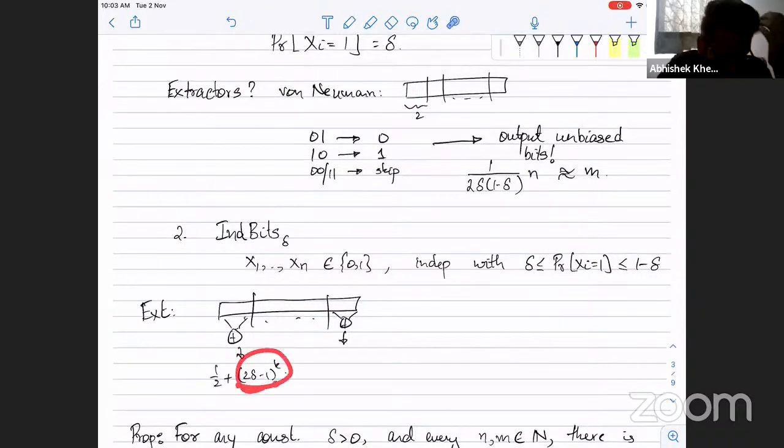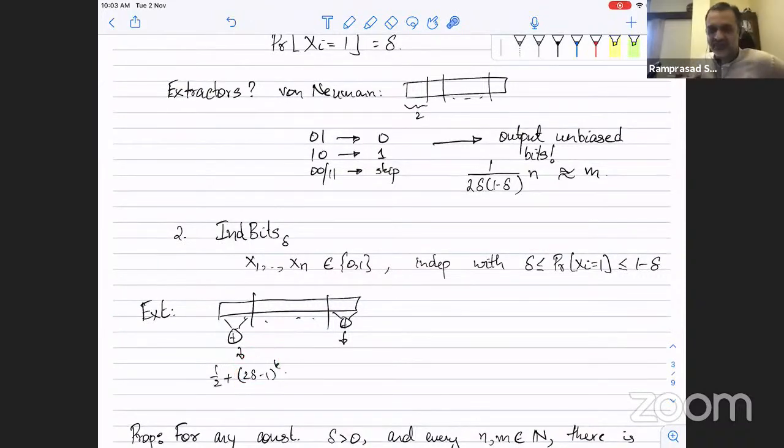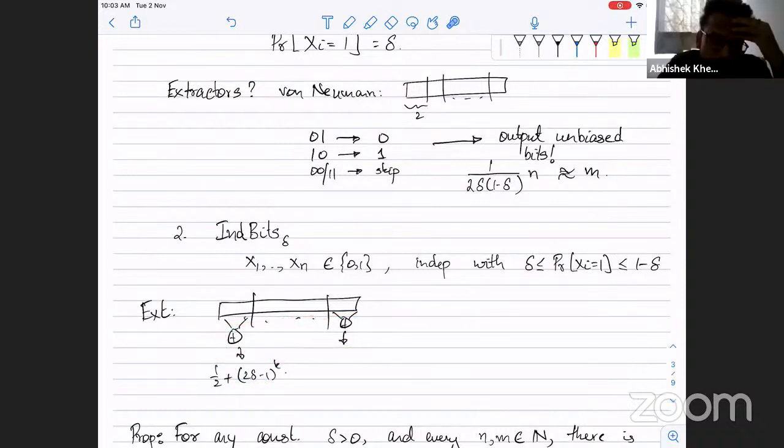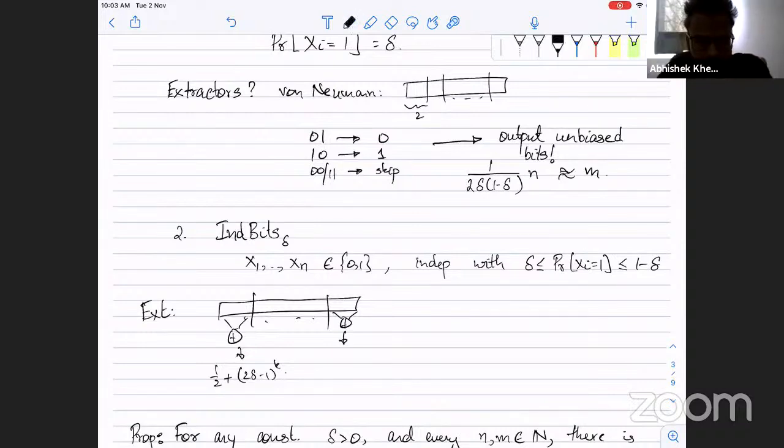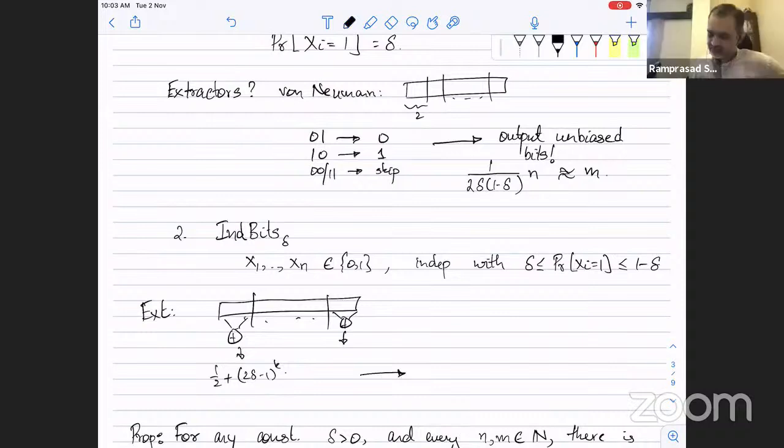We just need to make sure that this term is small enough, at most epsilon divided by the number of blocks. If you set up your k such that this is small enough, then what you end up getting is close to uniform random bits. I would say my construction was different, but I also get something close to uniform.